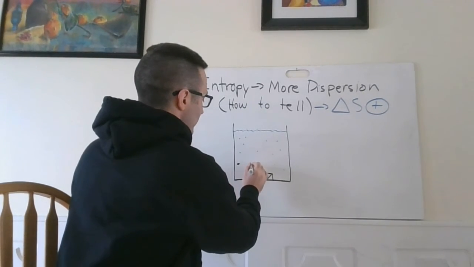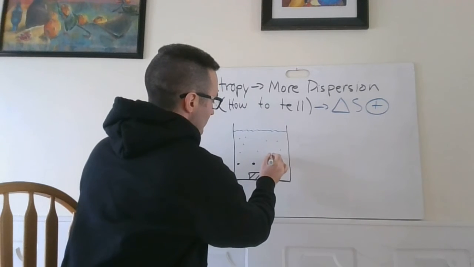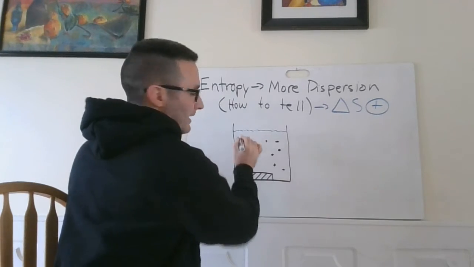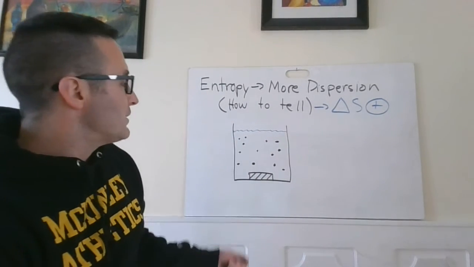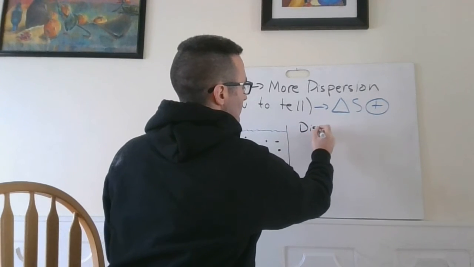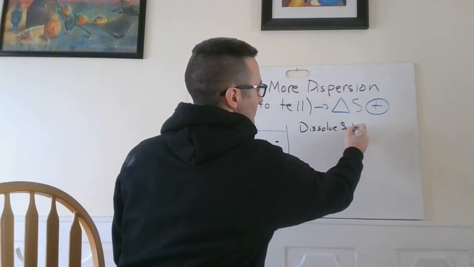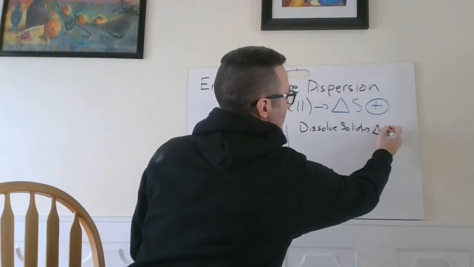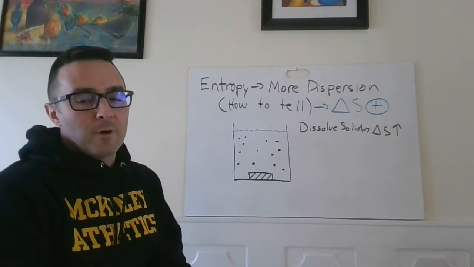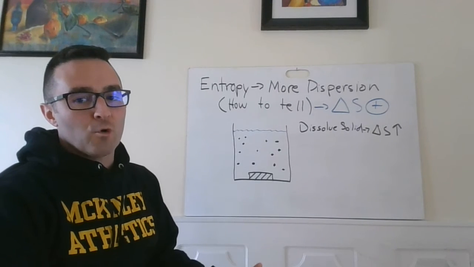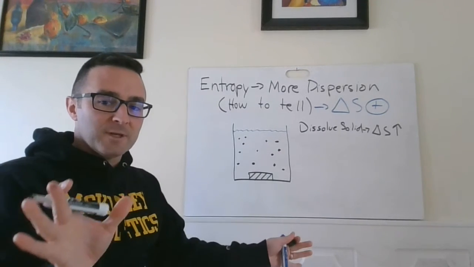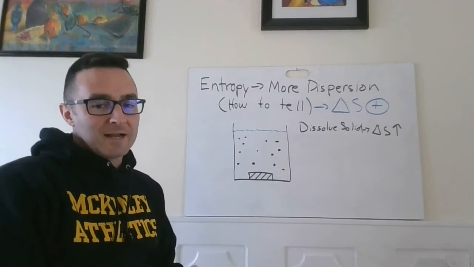Now let me make these dots a little bit bigger. That's much better. So as you dissolve a solid, you increase entropy because you're taking away part of something that was very much ordered, and you're now destroying that order. You're putting space between those particles. You're making it hard for them to get back together.